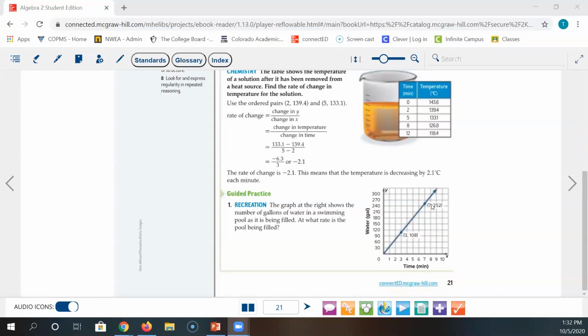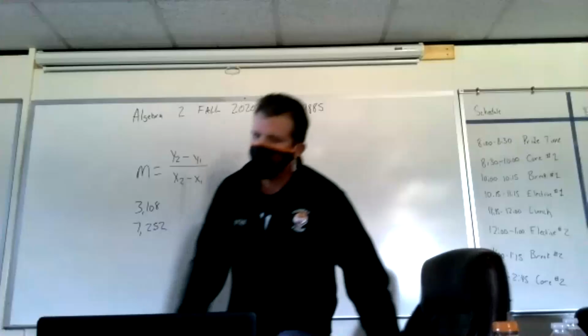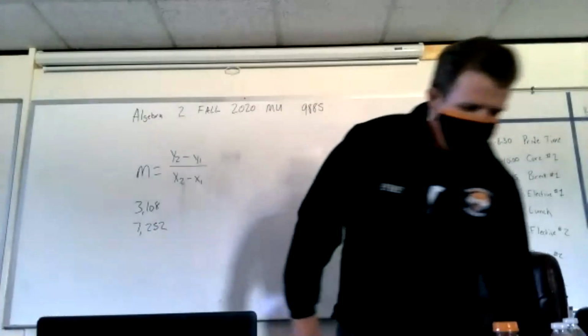If we put 7 first, 252 is the same y value. I'll show it to you both ways. Those are the points we're using: (3, 108) and (7, 252). So there they are in ordered pairs.